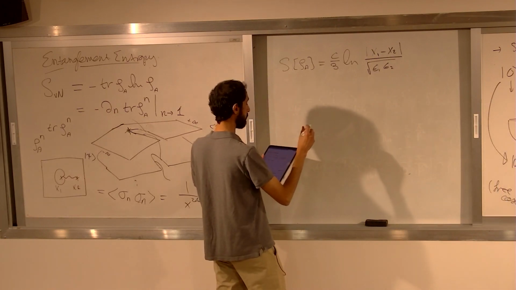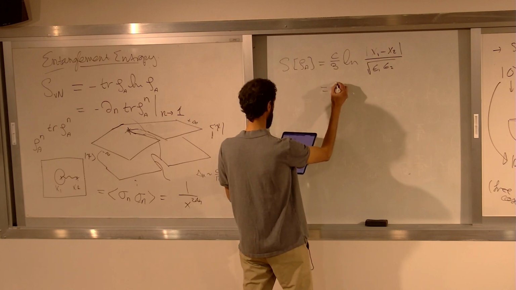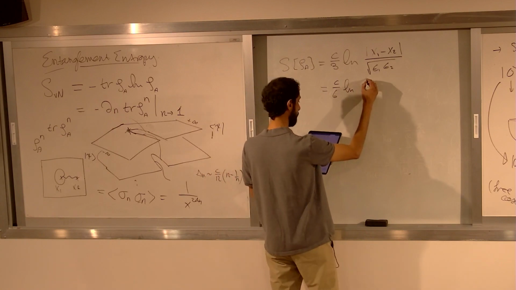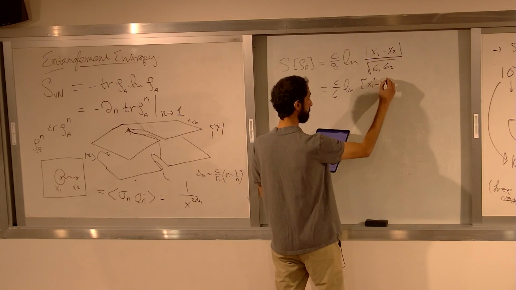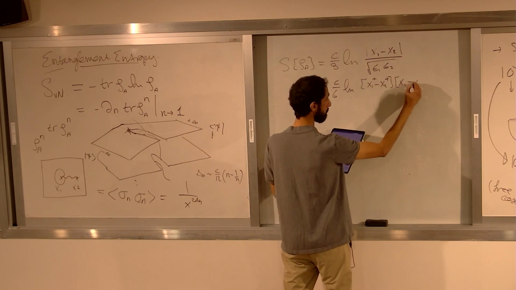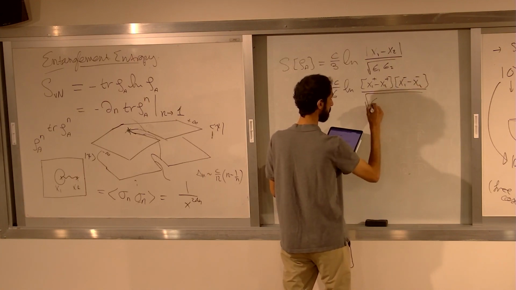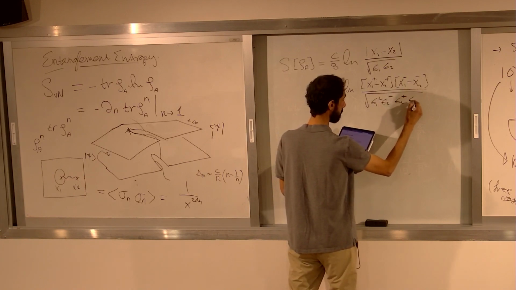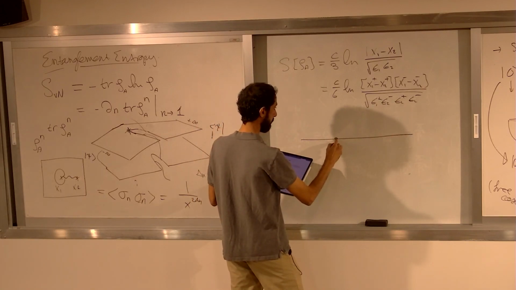I'll tell you what these epsilons are in a second. In null coordinates, this thing is something like this.